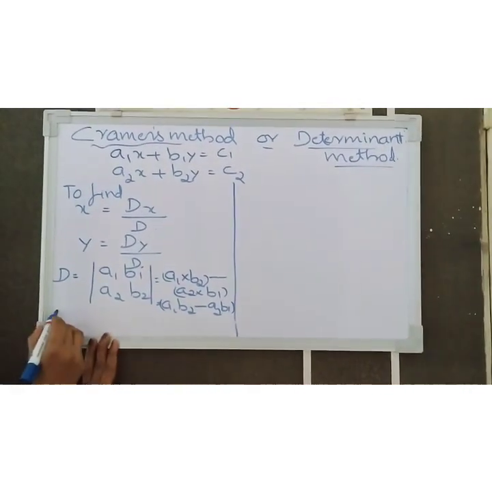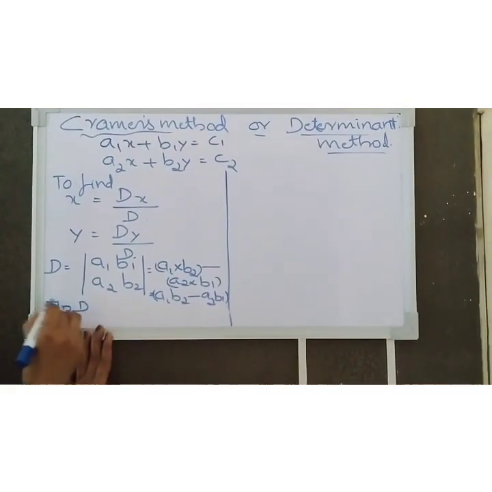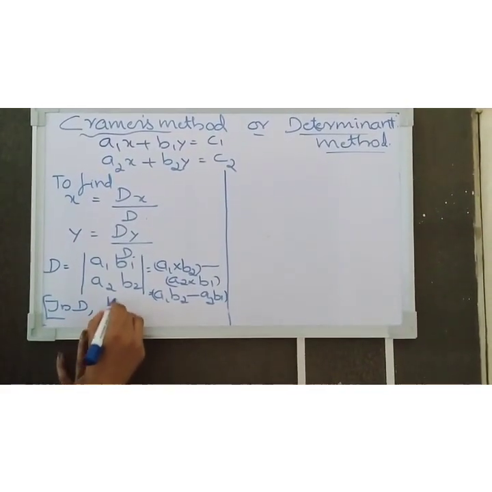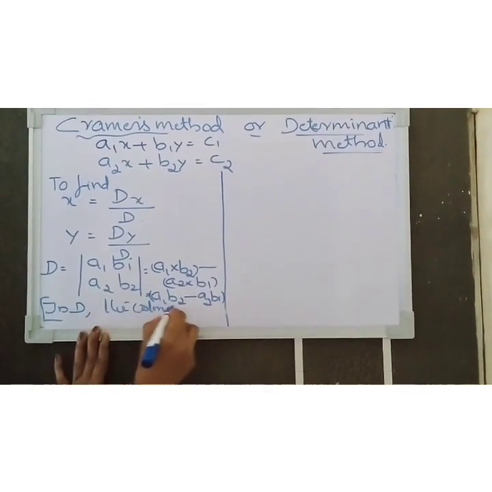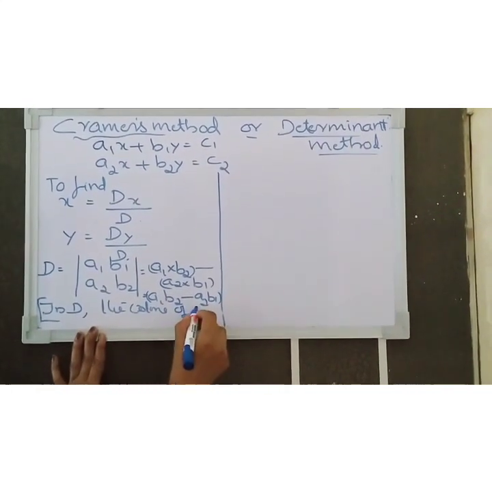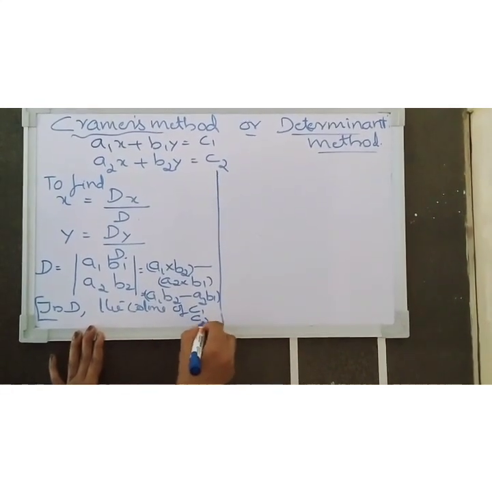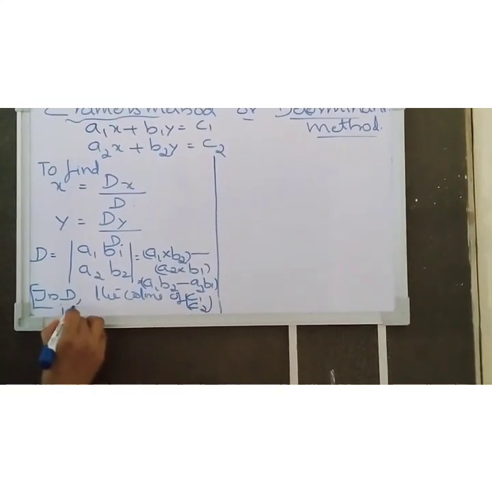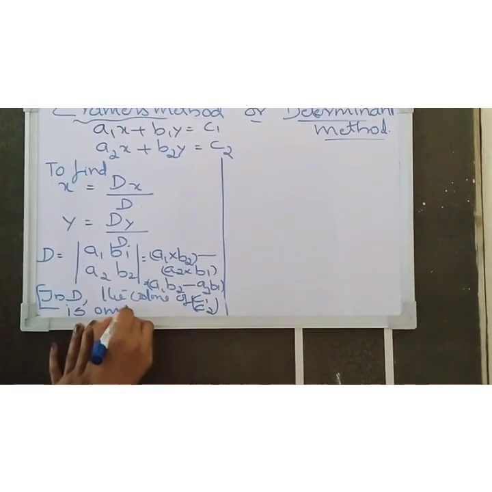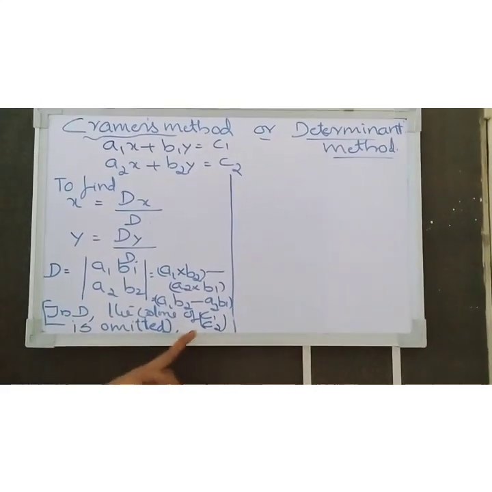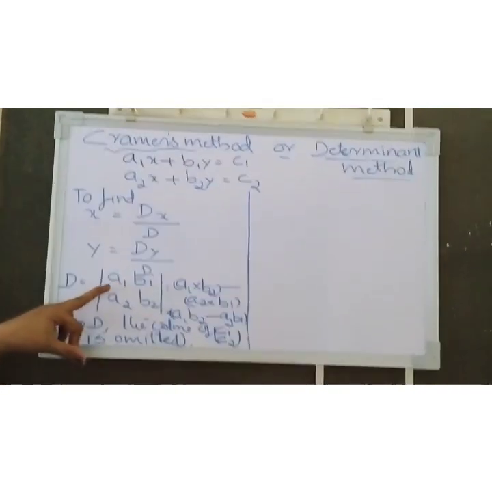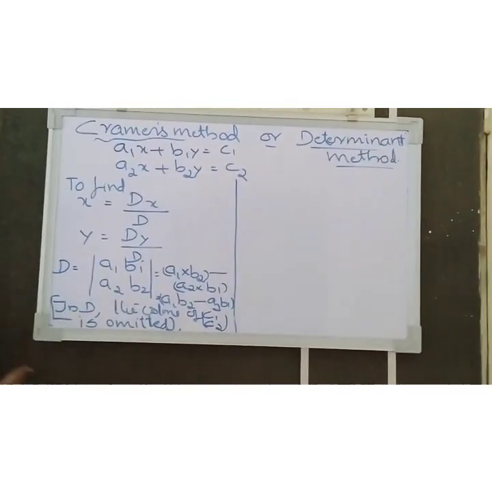That means to find d, the column of the constants c1, c2 is omitted. Here only a1, a2 and b1, b2.